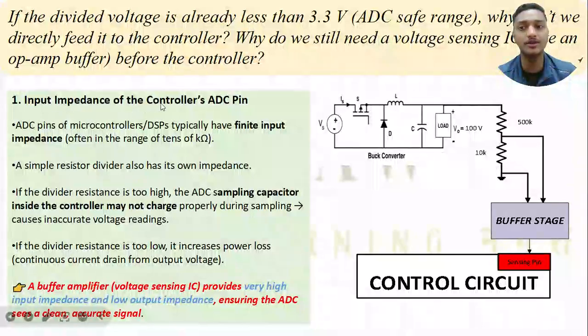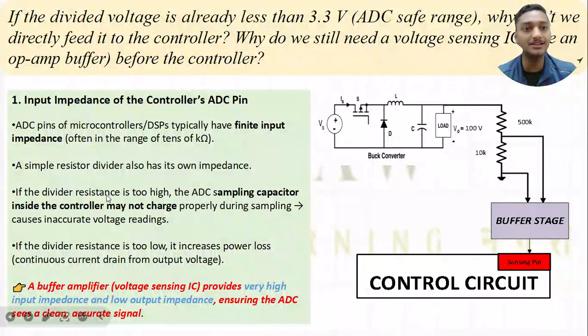First is the input impedance of the controller ADC pin. This ADC pin has its own finite input impedance, often in the range of tens of kilo ohm. A simple resistor divider also has its own impedance, like 510k, so this is some impedance I am adding here.